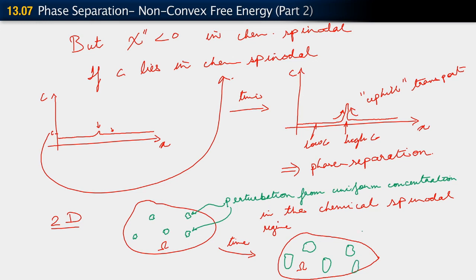These regions will grow, whereas the concentration around them will decrease, and the material will phase separate. And just to demonstrate that we really have phase separation, I'm going to use both colors here.